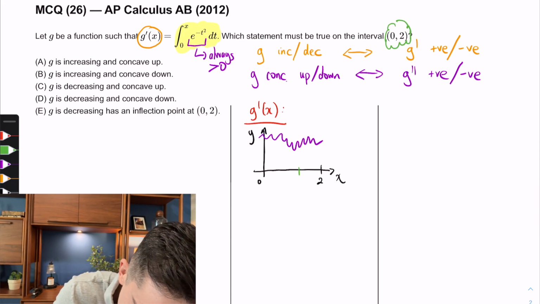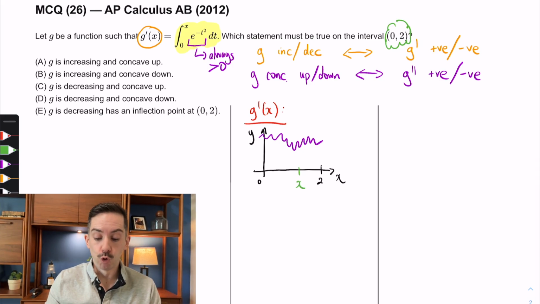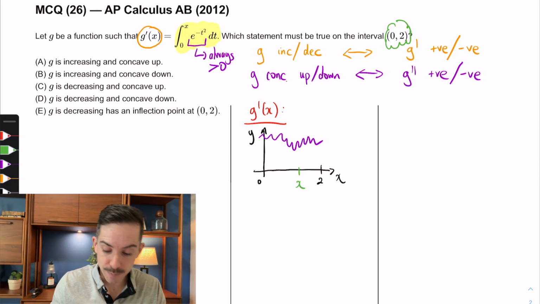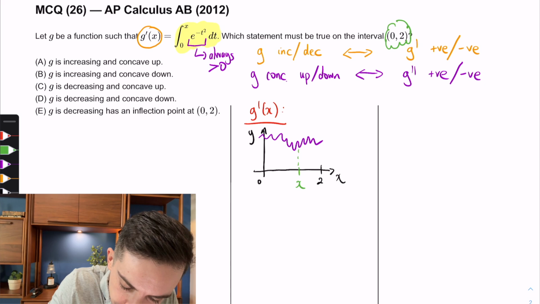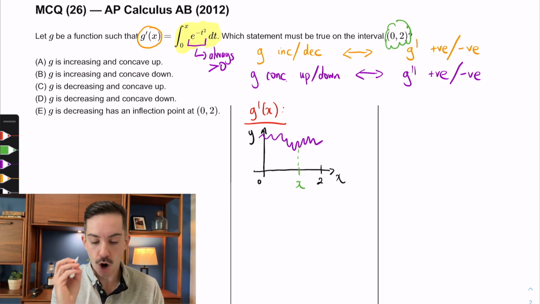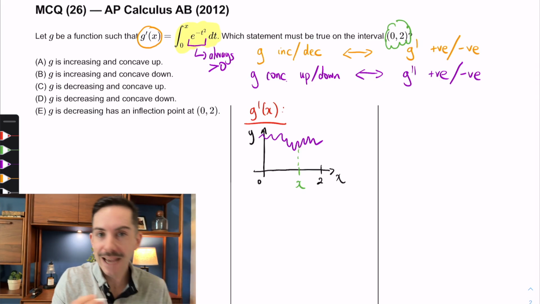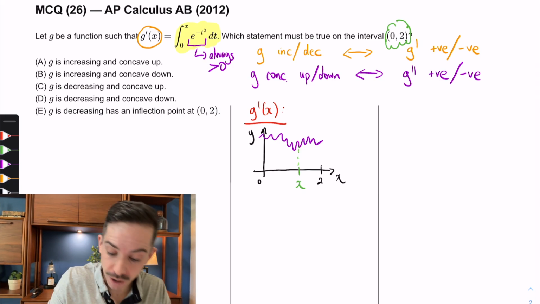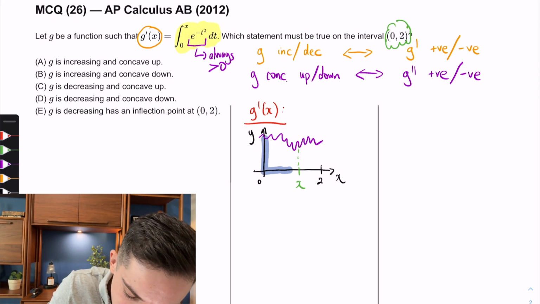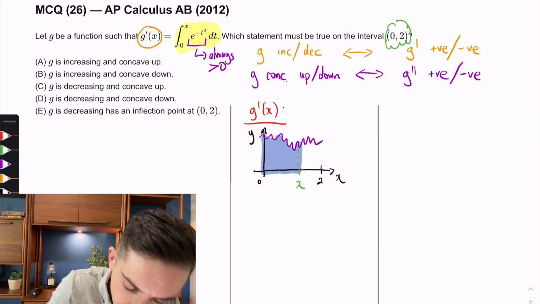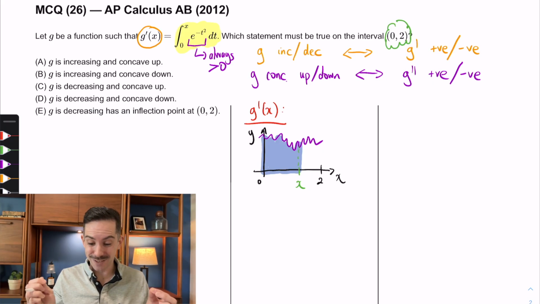If I pick any x value, the rule for g prime tells me I am supposed to figure out the integral of that exponential function from 0 up to x. But remember, a definite integral is just an area under a curve. So really, I'm being asked to calculate the area under this curve between 0 and my x value.